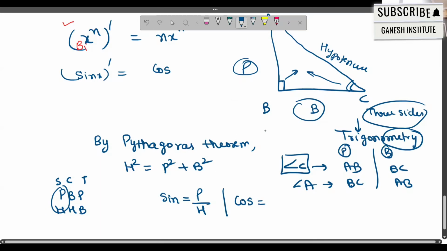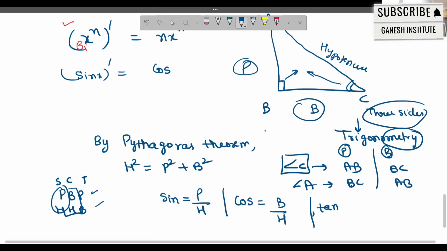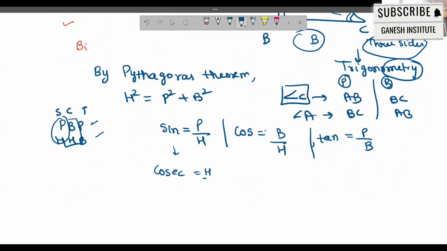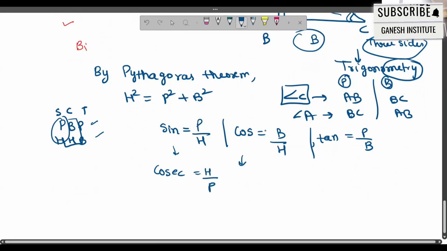Cos is base upon hypotenuse. And tan is perpendicular upon base. We have a total of six trigonometric ratios. Opposite of sine is cosec. Opposite of cos is sec.